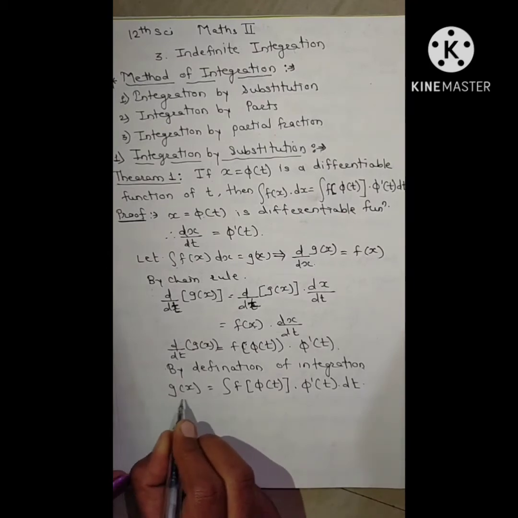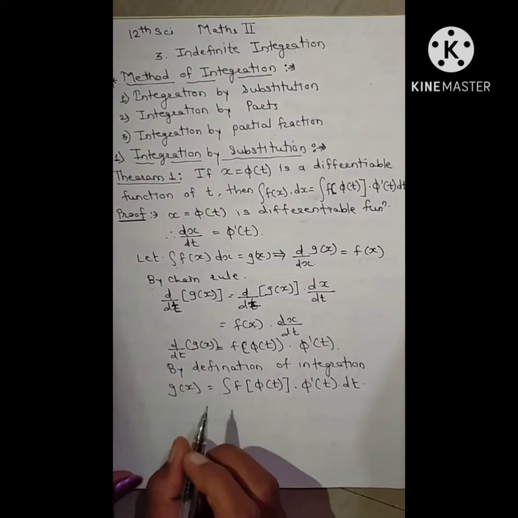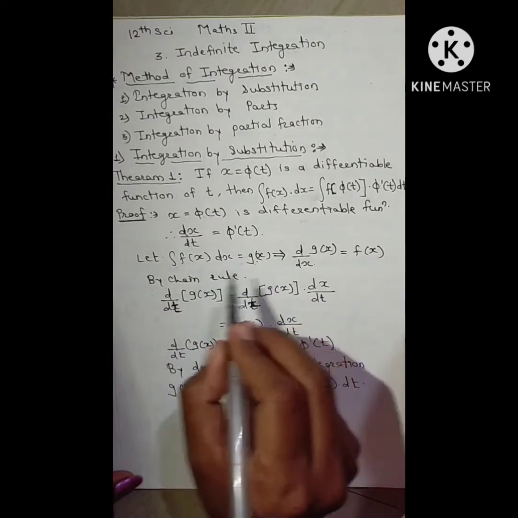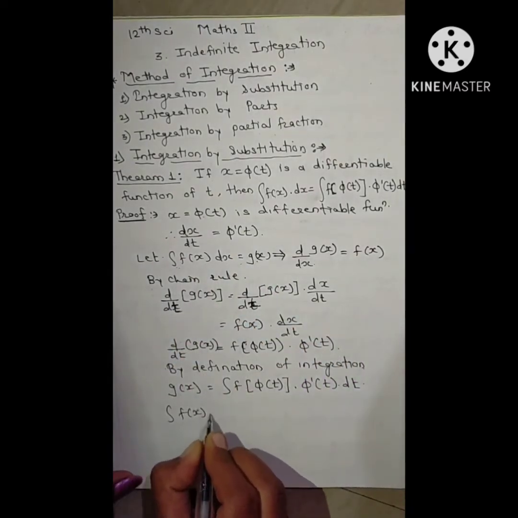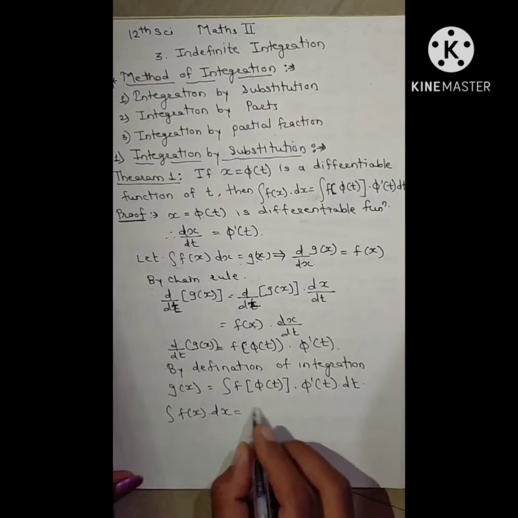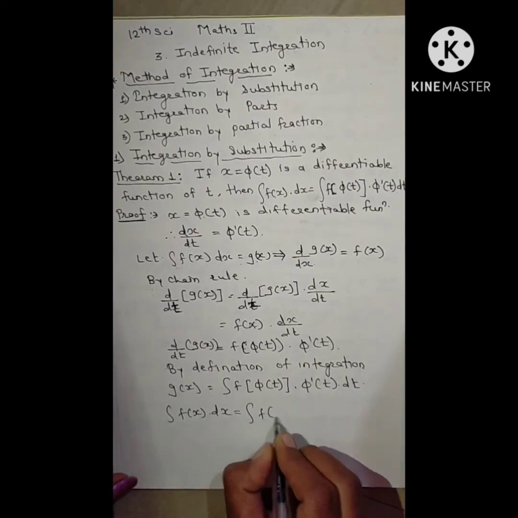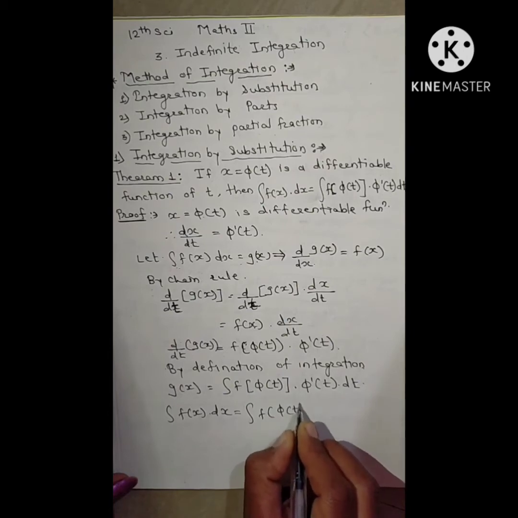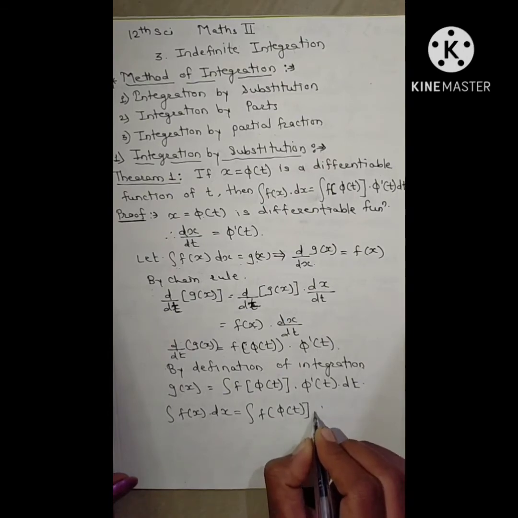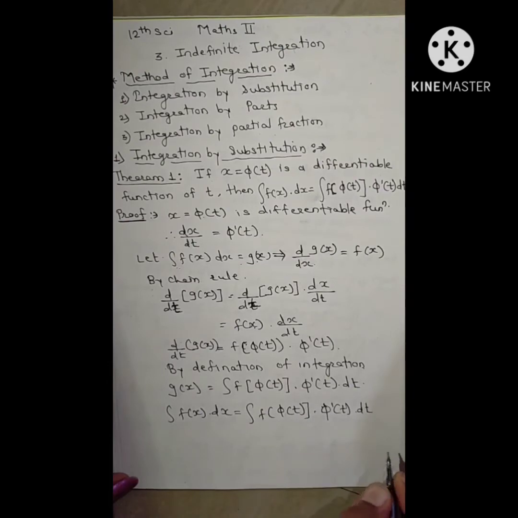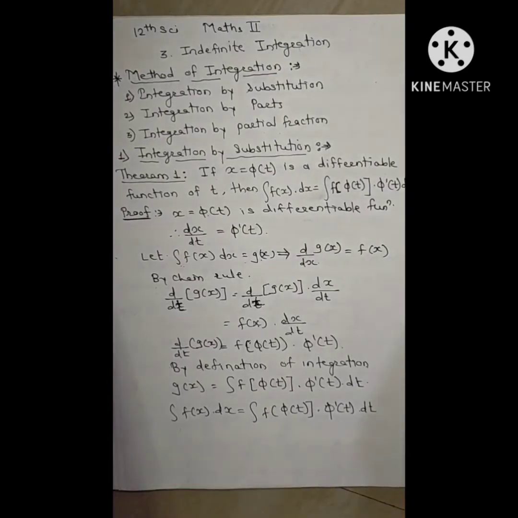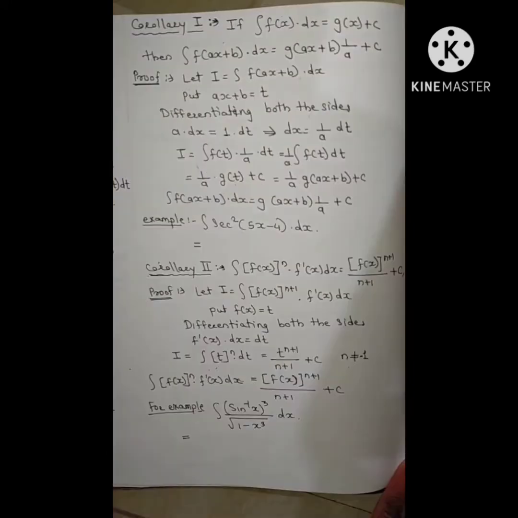And we know the value of g of x is integration f of x dx, which is equal to integration f of phi of t into phi dash t into dt. This is the proof of the given theorem.